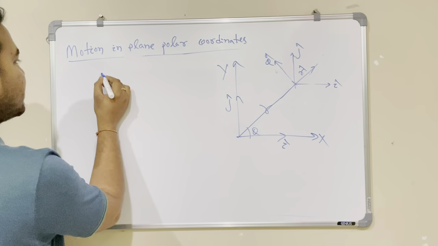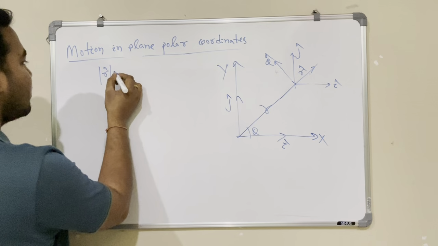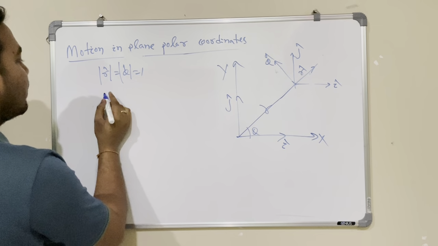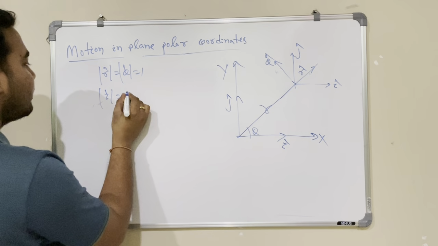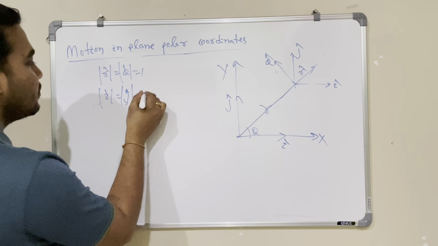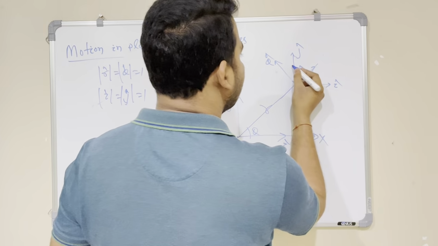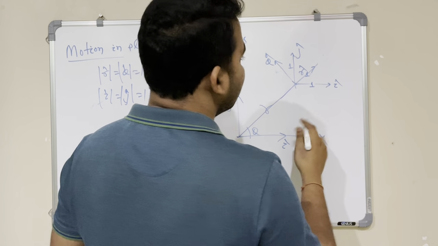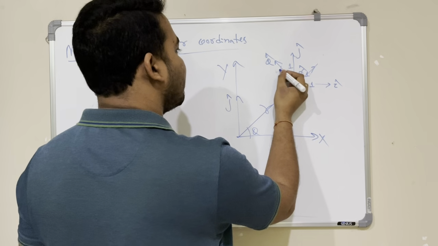That means their magnitude is equal to 1. So the magnitude of r cap and theta cap equals 1. Similarly, the magnitude of I cap and j cap equals 1.